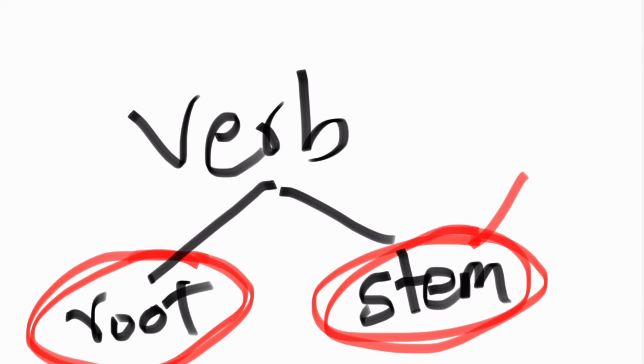Let's make it clear through some examples. So in English, let's take these verbs: to go, to do, to come. Now these I have written in their original form.